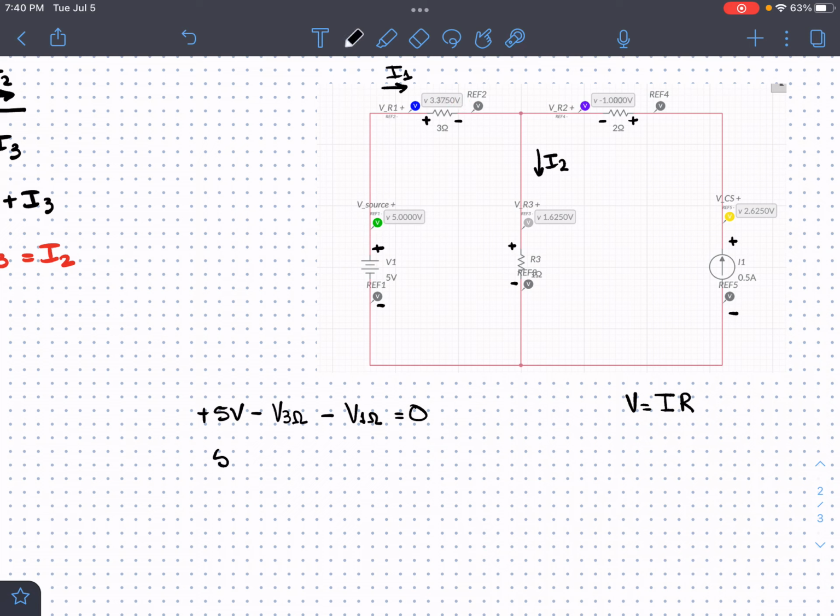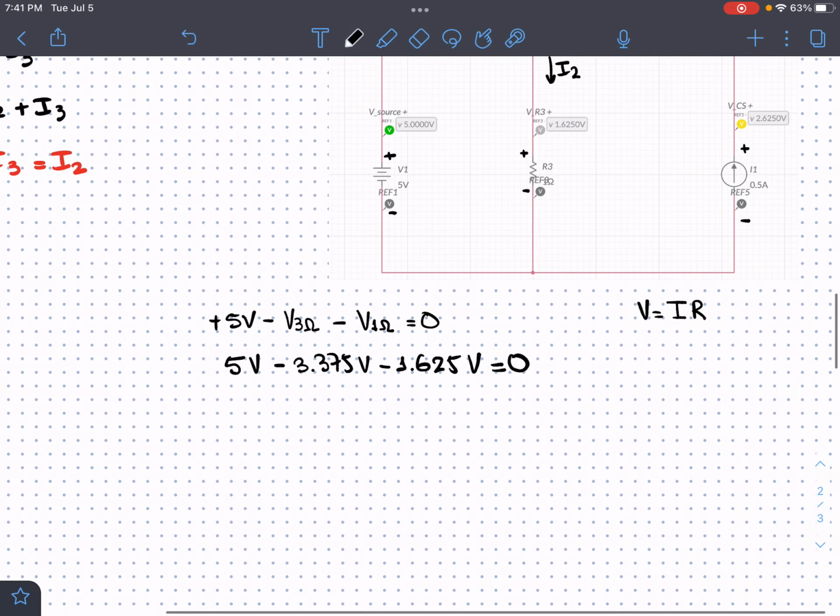So this would be 5 volts minus 3.375 volts. And then we continue, minus the voltage across the 1 ohm resistor, and we see here with the little probes that I put, that is 1.625, minus 1.625 volts equals 0.